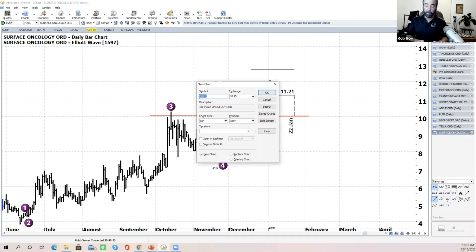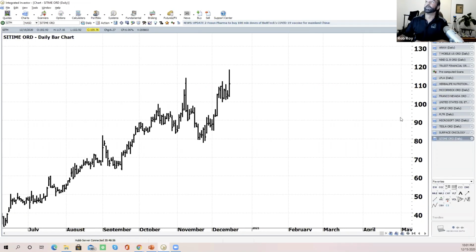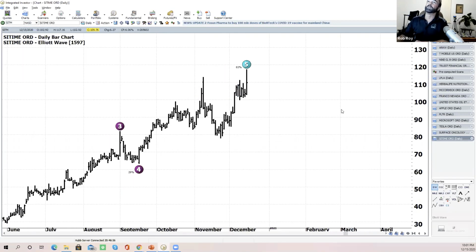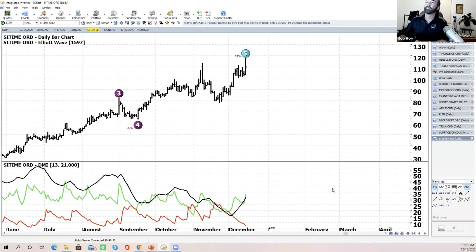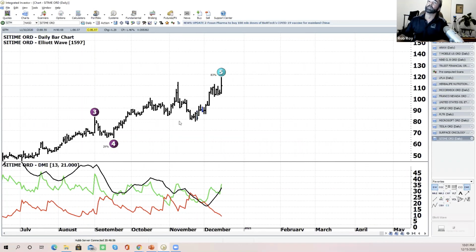We'll look at one more, SITM. Well, this is definitely not a Robinhood stock, up around 100. So the wave 5 is at an 83% extension. The DMI looks good.